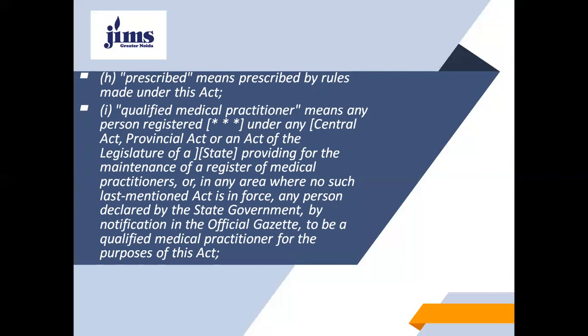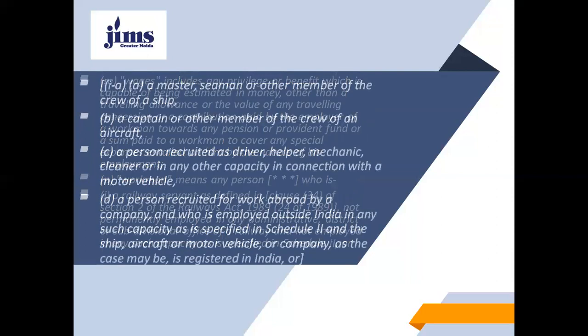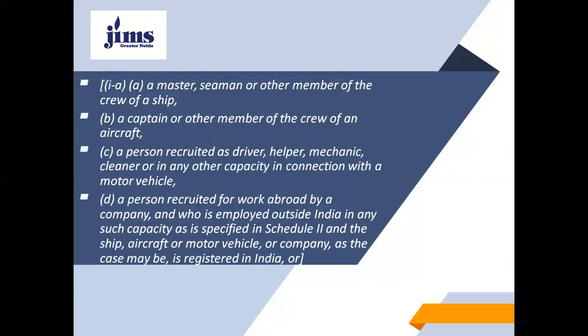I repeat, my dear students, that under section 2 subsection 1 clause L, total disablement, whether temporary or permanent, that incapacitates an employee for all work which he was capable of performing at the time of the accident resulting in such disablement, will be treated as total disablement. So these are certain definitions given.